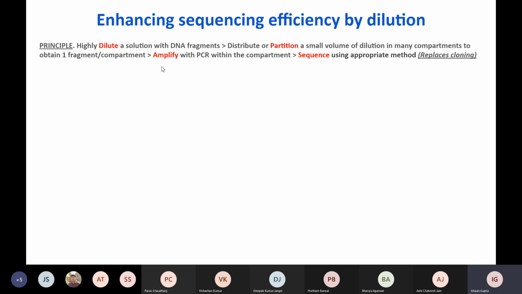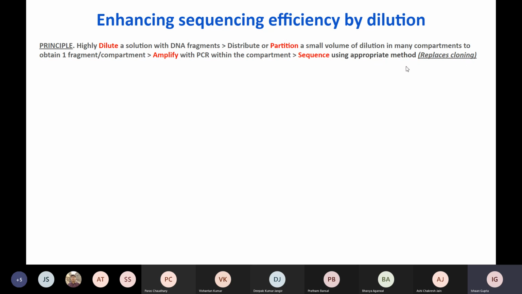Now, once you have one fragment in each compartment, you can amplify with PCR or some technique all the fragments in that particular compartment only. And then you can sequence the fragments in that single compartment using the appropriate method. So what does this do?